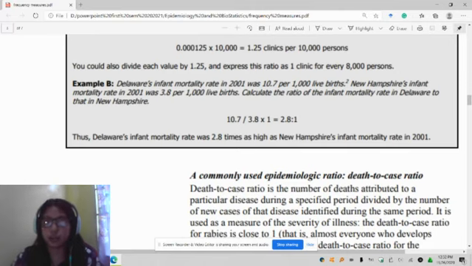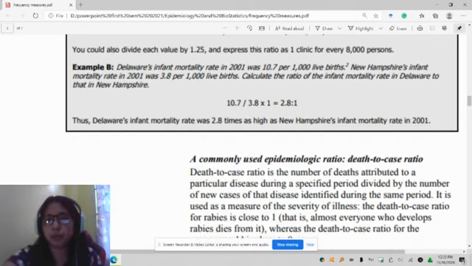The solution is simply dividing 10.7 by 3.8 and multiplying it by 1, so that is 2.8 to 1. Which means that Delaware's infant mortality rate was 2.8 times as high as the New Hampshire infant mortality rate in 2000. So you have a comparison here between Delaware's infant mortality and New Hampshire's infant mortality.